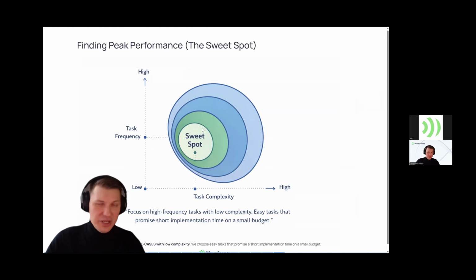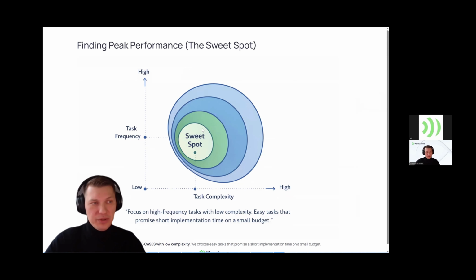Because if the task is frequent, it takes a lot of time to do this task. And if you optimize this frequent, simple task or use case in the first place, then we can faster find the right investment, better investment, build the architecture, build the technical base for future implementation.